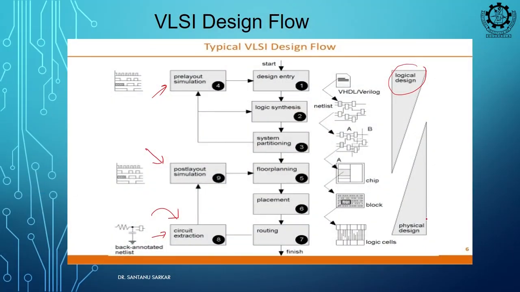Okay. So, these are the logical design portion and this is your physical design portion, roughly. In this you have design entry, logic synthesis, system partitioning. If you have a bigger block you can divide it into partitions.